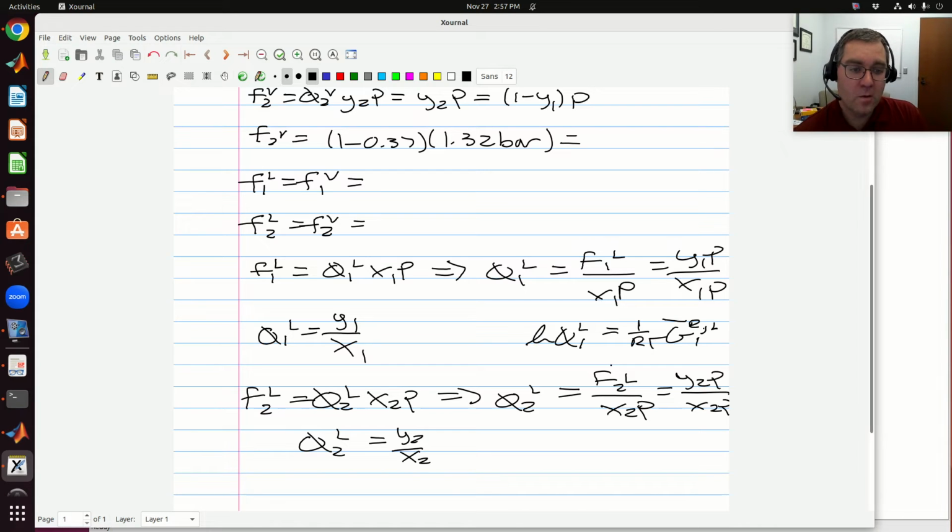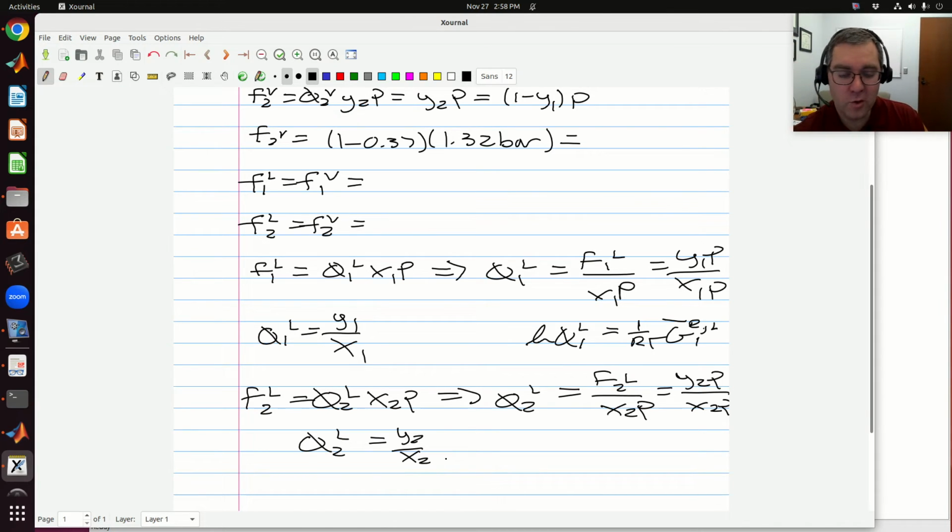So the partial molar residual Gibbs free energy is less in my vapor than in my liquid. So my most volatile component is going to prefer the vapor phase, which corresponds to the phase with the lower fugacity coefficient, or the smaller residual Gibbs free energy.